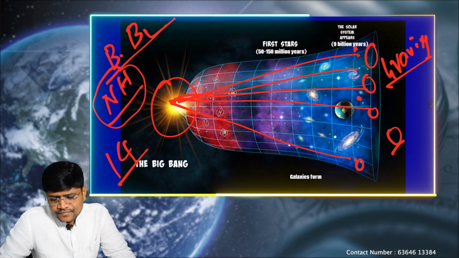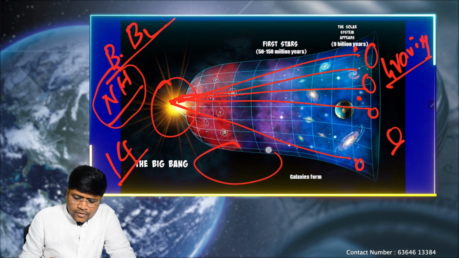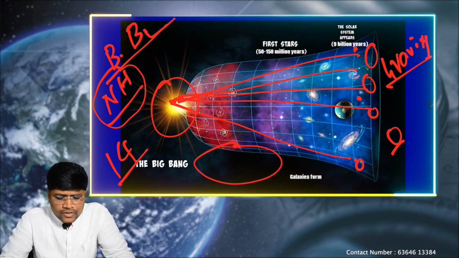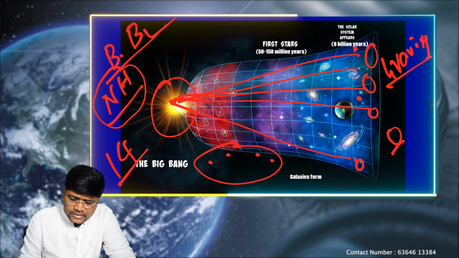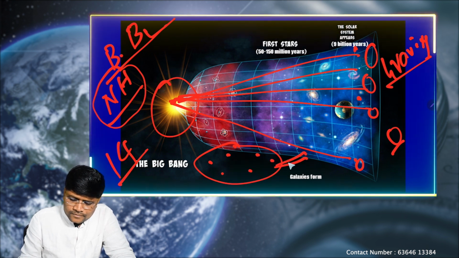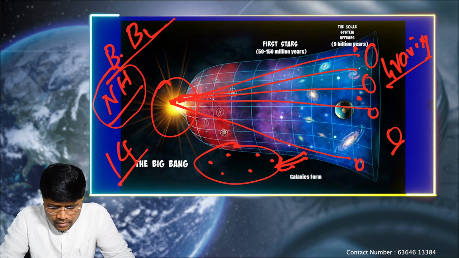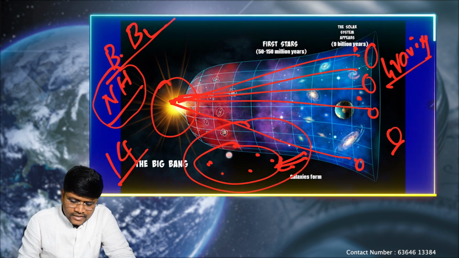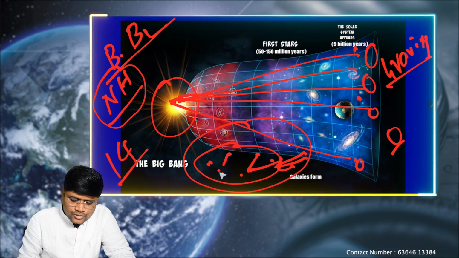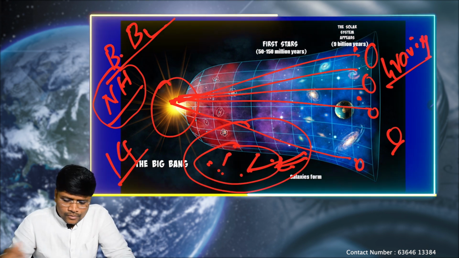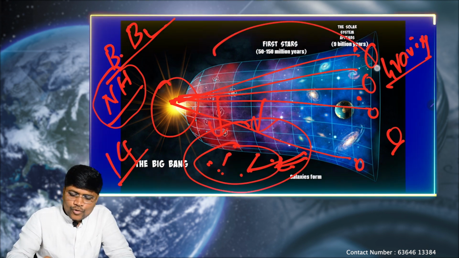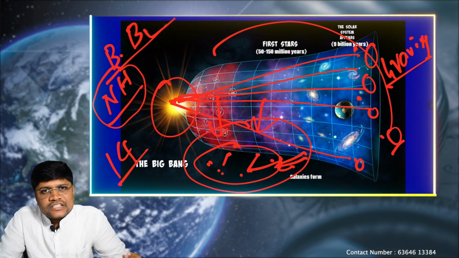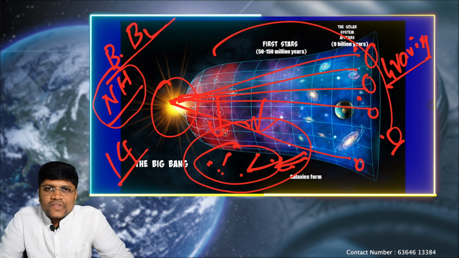How can we think about that? If you take a balloon and mark some points on it, and keep filling it with air, the balloon gets enlarged and the distance between these points also expands. According to this theory, the universe is expanding. That means the distance between the stars and the galaxies is also increasing.